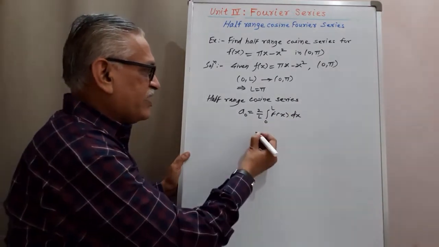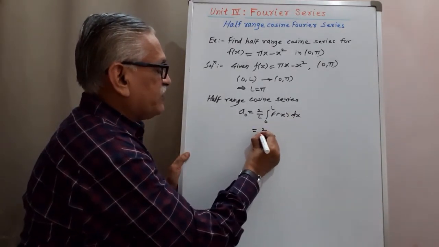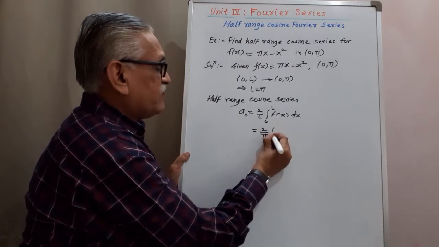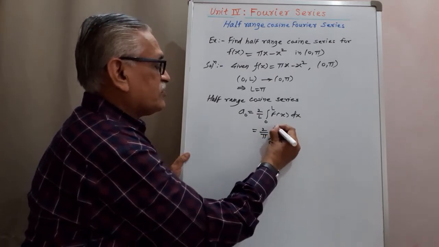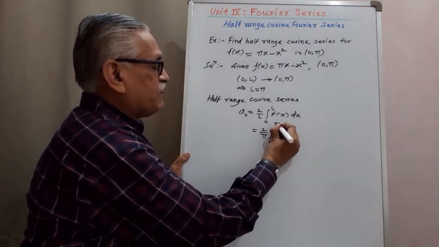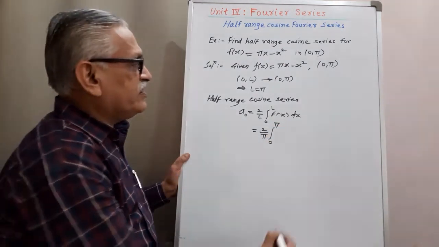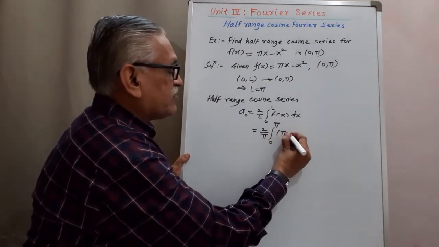Substituting the value of L and that function, L is pi, therefore it is 2 by pi integration from 0 to pi, and function is pi x minus x square.